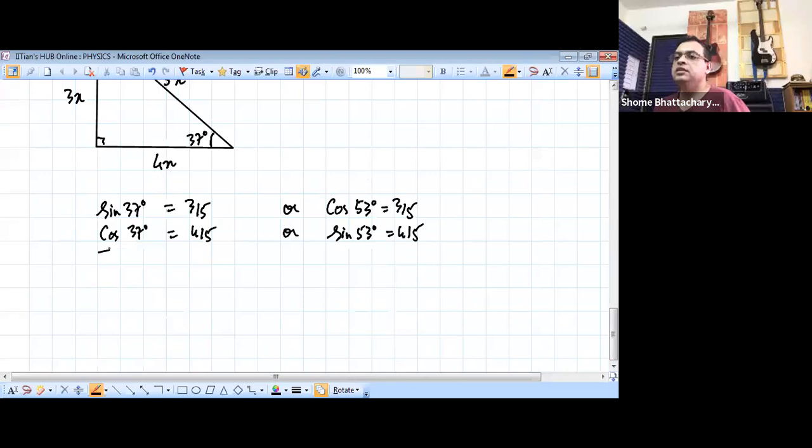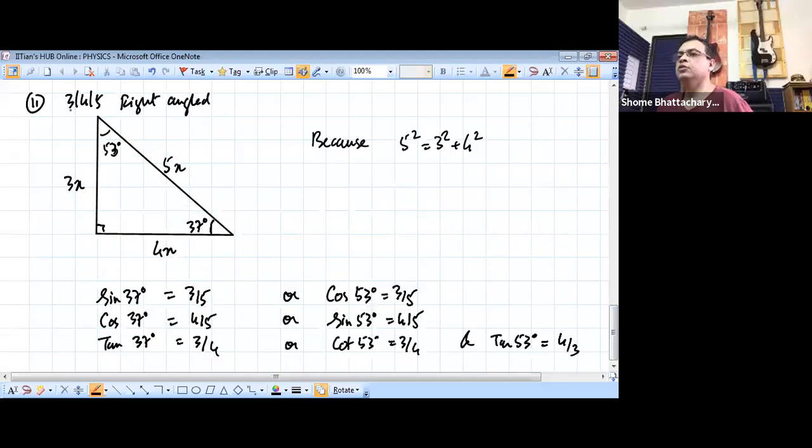And finally, tan 37 is 3 by 4, or you can say cot 53 is 3 by 4. And of course, tan 53 becomes 4 by 3. Okay, the 3, 4, 5 right angle triangle, because we will require this from time to time in physics.